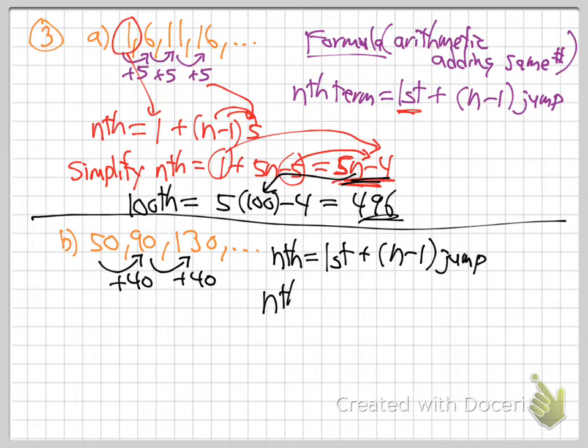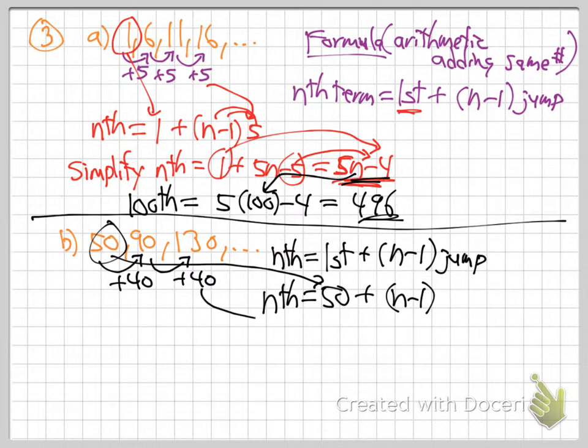So the nth term is the first term, 50. So I'll go right there, 50. Plus n minus 1 times the jump. What's the jump? That's the 40. It's the amount that's going up every time.